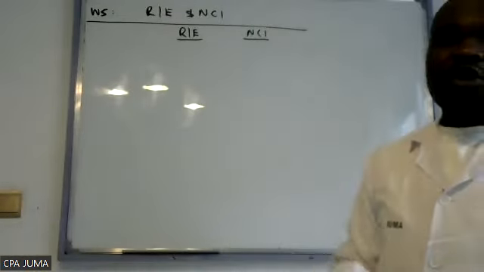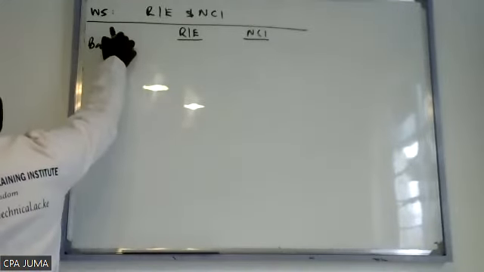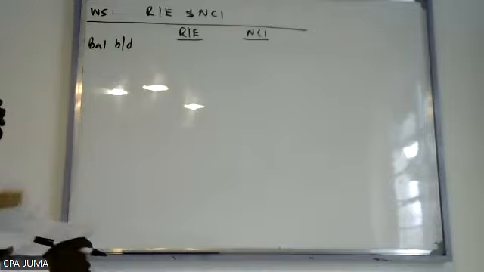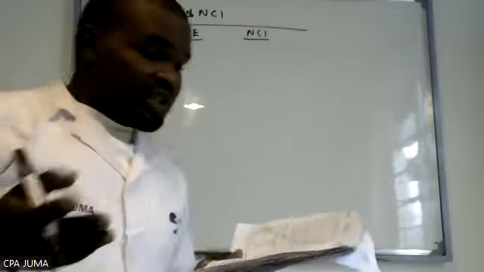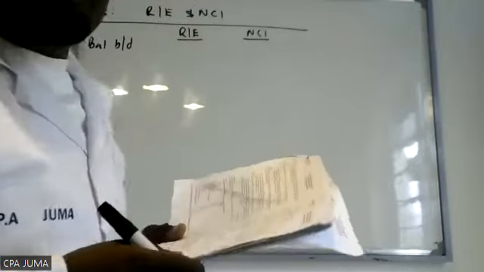All right, so we kick off. Balance brought down. Check under equity there. You'll see them. Retained earnings, I'm seeing 4340.